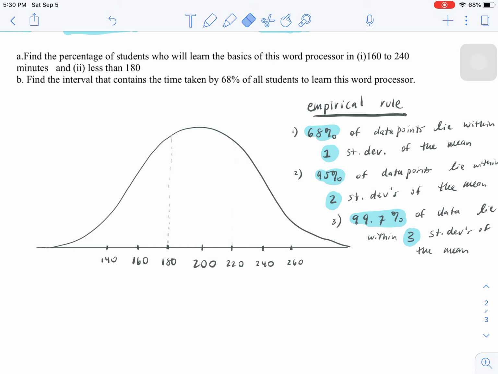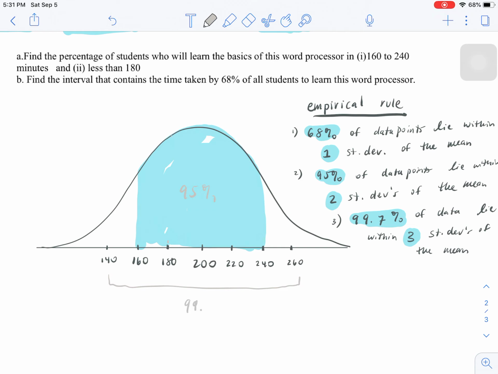And then similarly, this interval from 160 to 240 is within two standard deviations. In this interval, I know that I have 95% of my data points. And similarly, from 140 to 260, that's three standard deviations below to three standard deviations above the mean.